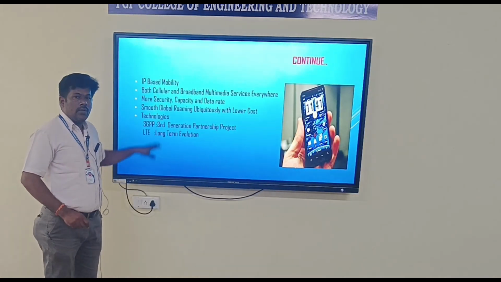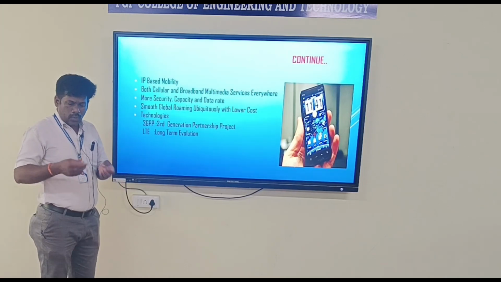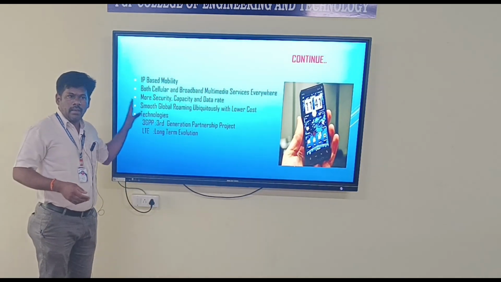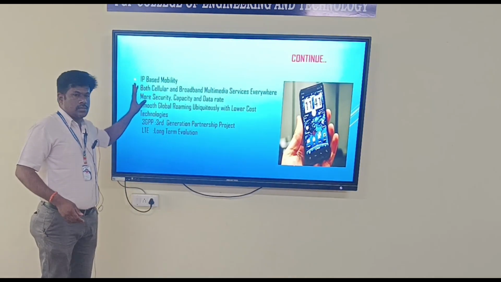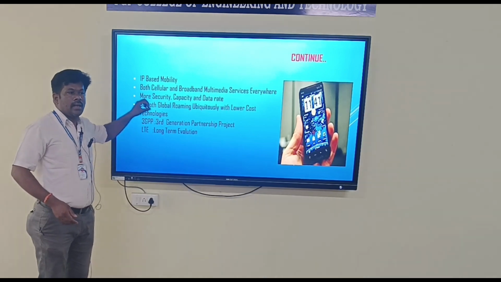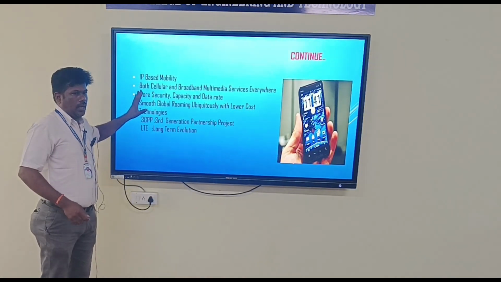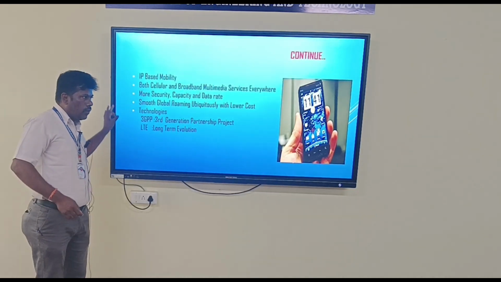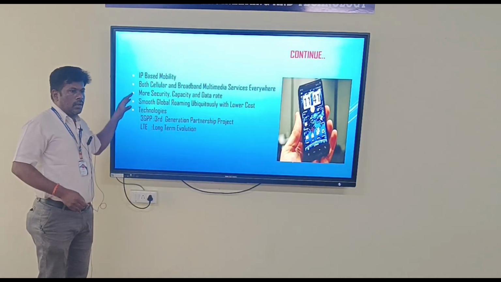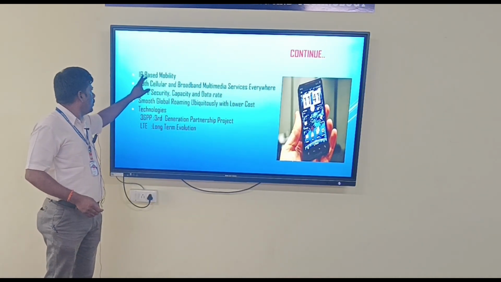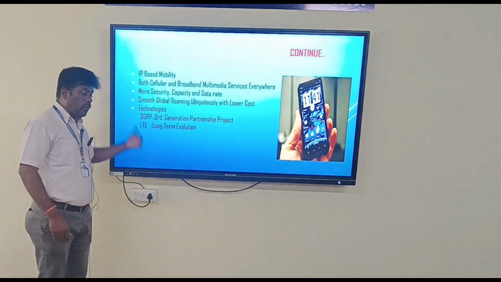Because the internet connection flows continuously without breaking or being disturbed, we introduced IP based mobility in 4G.